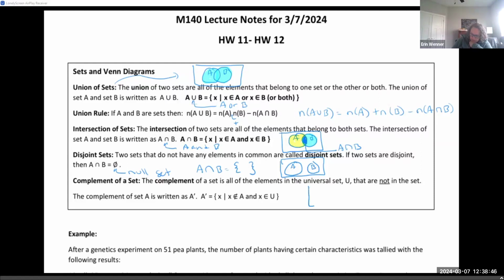So if I have this rectangle, and this is going to represent U, the universal set, and I have set A, well, then everything that's outside of that circle is the complement of A. And you'll see A complement written as A with sort of an apostrophe, or you'll also see it as A with a little tiny C above as the superscript. So those are two ways that they might write complement.